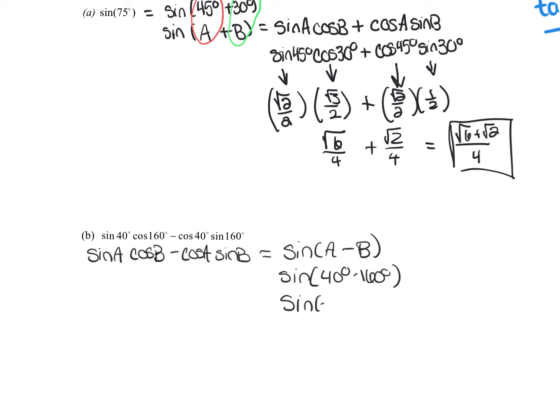That's sine of negative 120. Sine of negative 120, we go down 120 degrees like this, is negative root 3 over 2, and there's your answer.